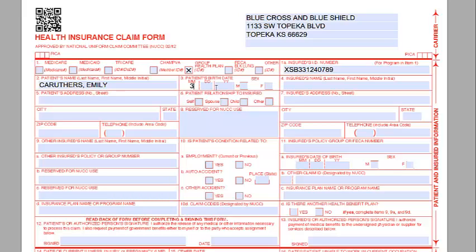Notice that I'm putting in a 2-digit month, a 2-digit day, and a 4-digit year, and to indicate whether she's male or female. Box 4 is where I put in the insured's name.